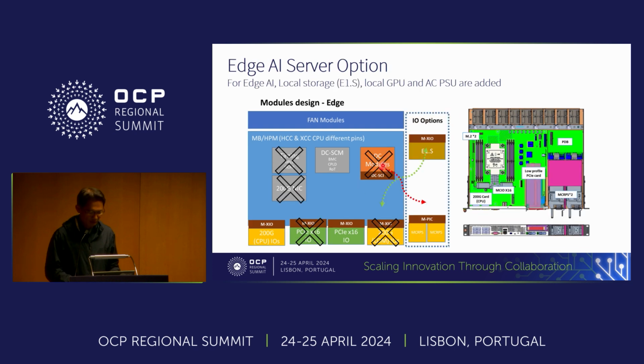If I remove the DC module, change it to a power supply, I remove one of the NIC and leave the space for local storage, for example, like an E1.S, then I can have some storage in this server. Then we can use this server for the edge AI purpose.